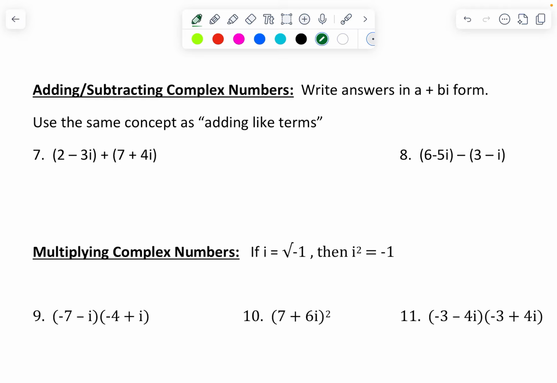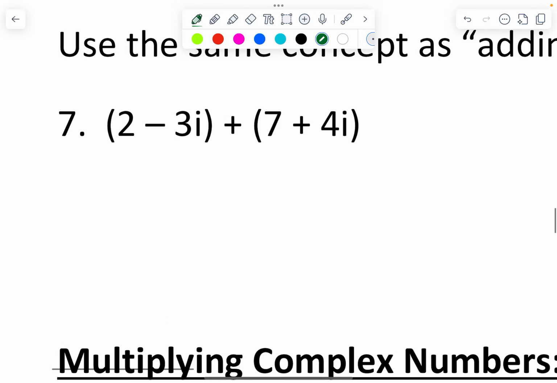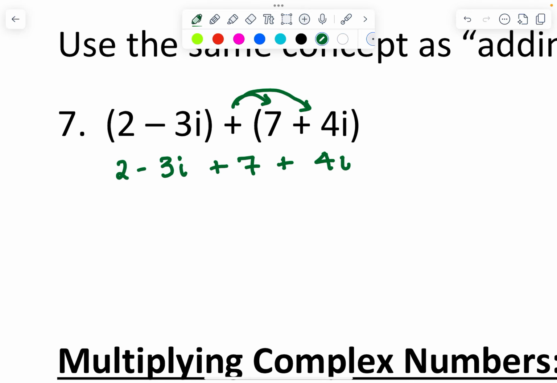When we look at number 7, we are adding, so you're going to go ahead and rewrite your entire expression without parentheses. So you have 2 minus 3i, distribute your addition sign, plus 7 plus 4i. Now at this point, you just need to combine like terms. Positive 2 plus 7 gives you a positive 9.